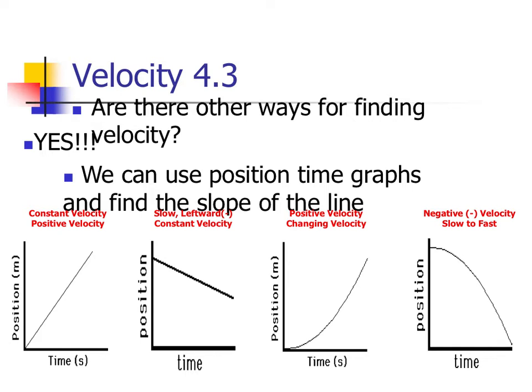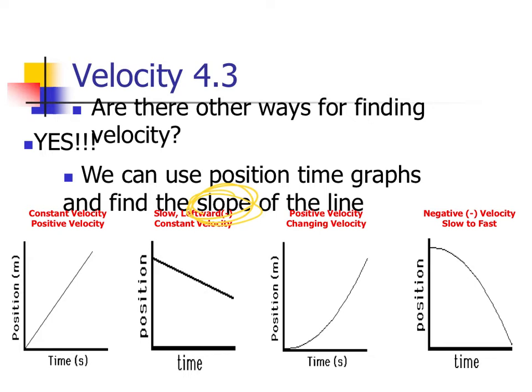Are there other ways of finding velocity? We can use position time graphs, and the big thing is to tell by looking at the slope. The biggest thing I saw a lot of students do on that activity we had done previously is not looking at the slope of that line.